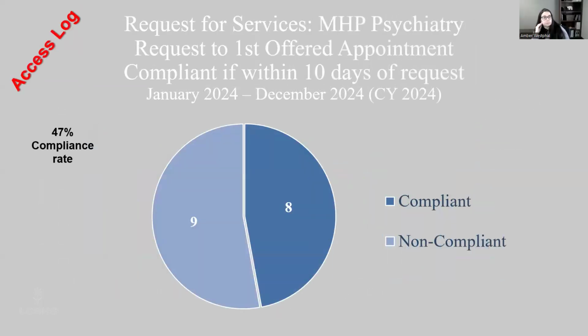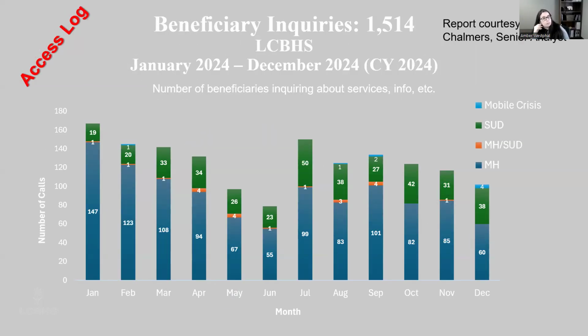Also, go ahead. The mobile crisis numbers are small. We know that they're much larger than that. Why aren't those calls being captured on this slide? Because they're not using the inquiry log. Yeah, this data was drawn from the inquiries log. Rob, is Rob here? Rob's the one that, yeah, he's here.